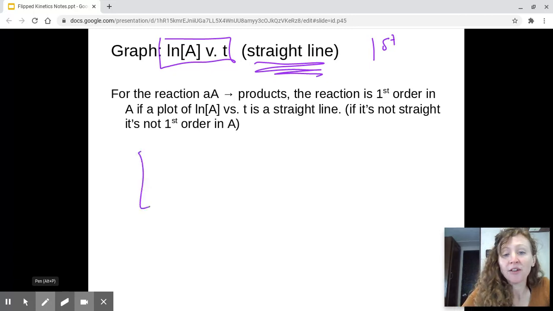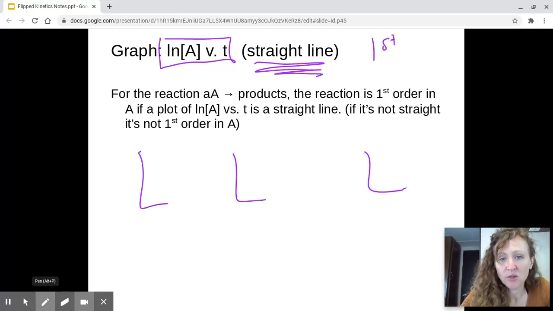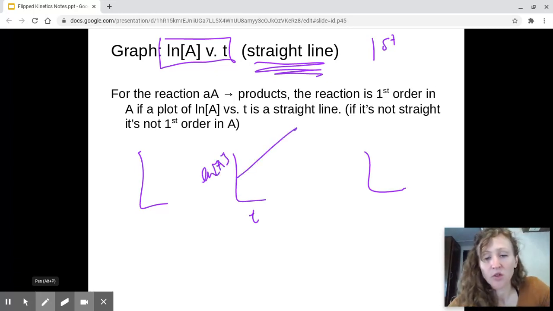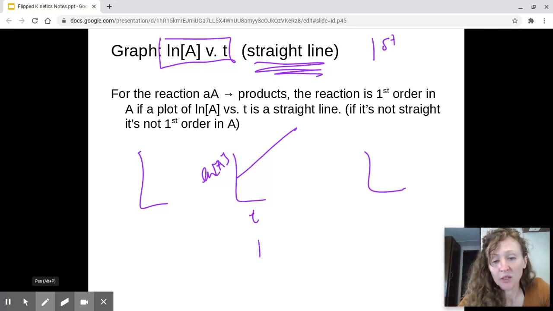We can graph it a whole bunch of ways. One of the ways is going to be natural log of concentration versus time. And if on this graph we get a straight line, we know that the reaction is first order.